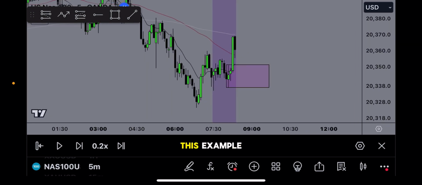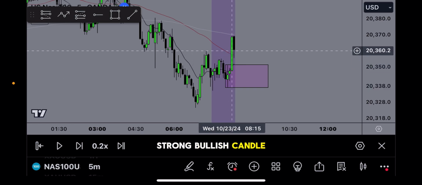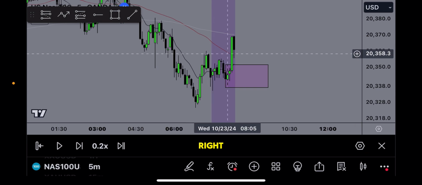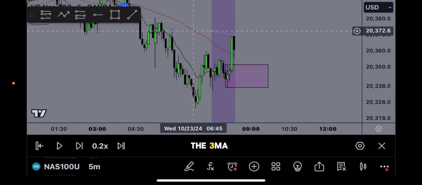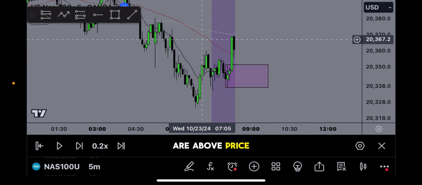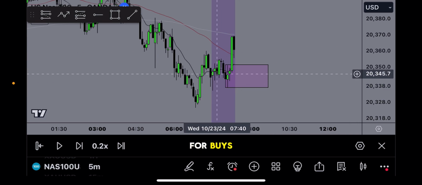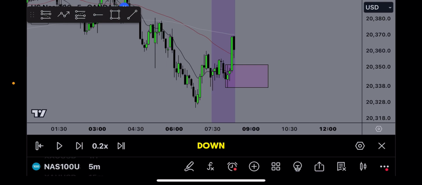So here in this example, we have a strong bullish candle giving us a gap, breaking structure, right? Giving us a demand zone. But we have the 3 MAs above price, not under price, which should give us a confirmation for buys. The 3 MAs are above price, telling us momentum is pushing price down.